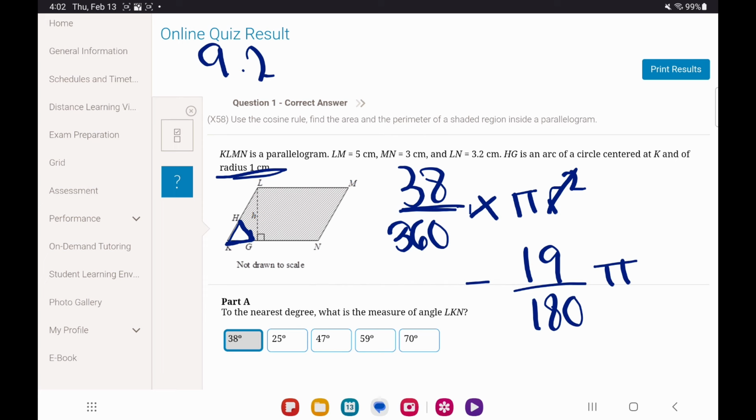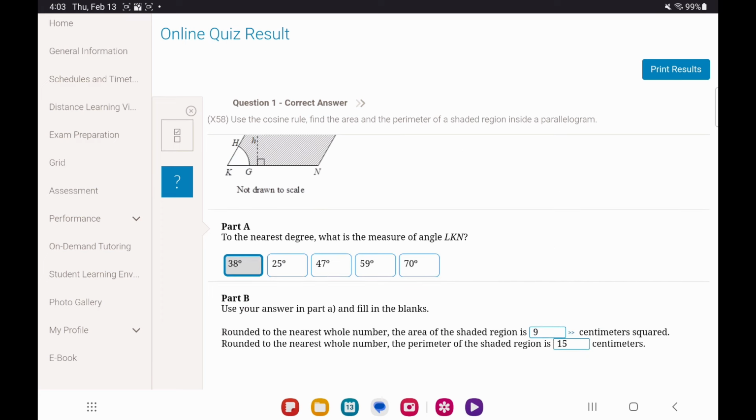Now, go on your calculator, 9.2 minus 19 over 180 pi. You get 8.86. Rounded to the nearest digit, you get 9. And that is your answer for the first part of part B. Okay, now they're asking for you to find the perimeter of the shaded region.